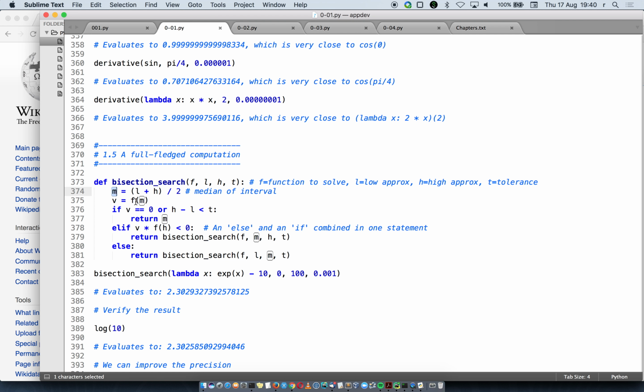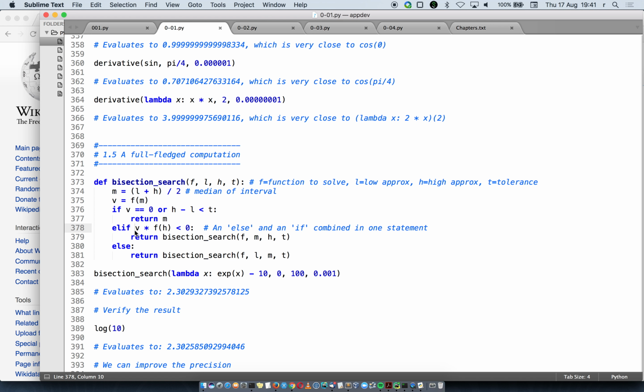And there's the value of f at the median, which is this v. If v is 0, we have already found the root, right? And we can return m. So also it is the case that we have found a good approximation if the distance between high and low is smaller than the tolerance. As soon as the difference is smaller than the tolerance, we can actually say any value between h and l is a good solution. It might as well be m, so let's return that.